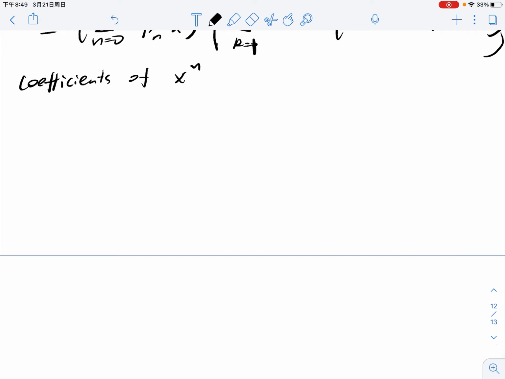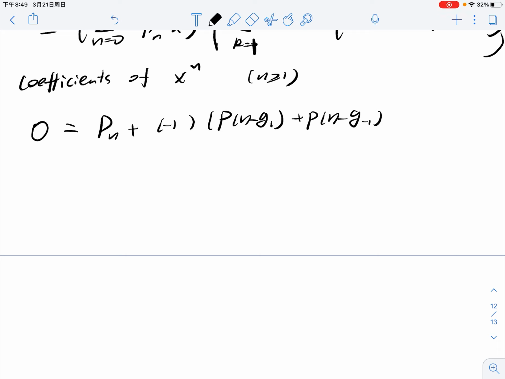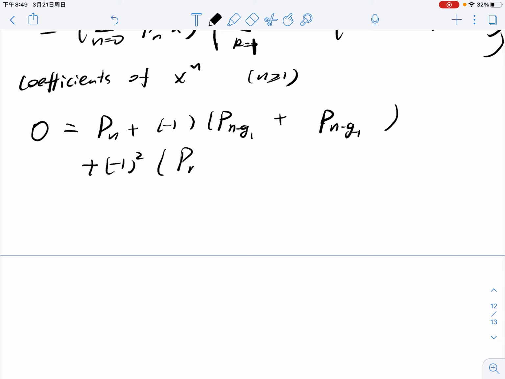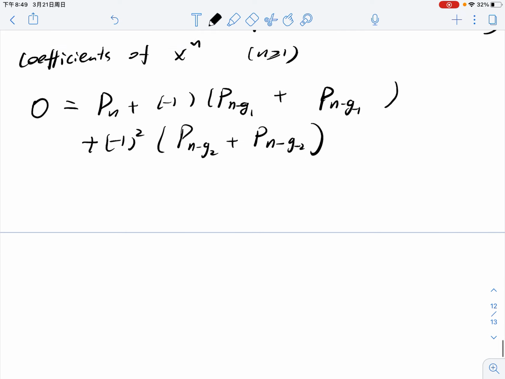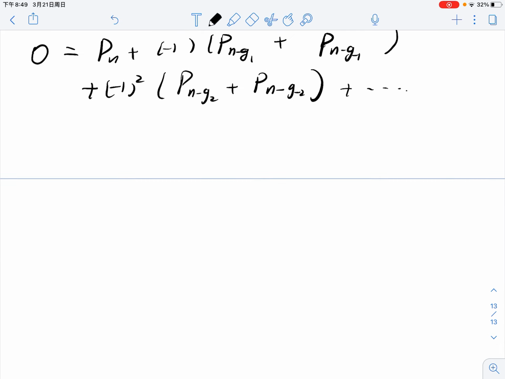And you will have 0 on the left hand side. So the right hand side is Pn plus -1 times P of n minus g1, plus P of n minus g-1, and then plus -1 squared times P of n minus g2, plus P of n minus g-2, and so on.